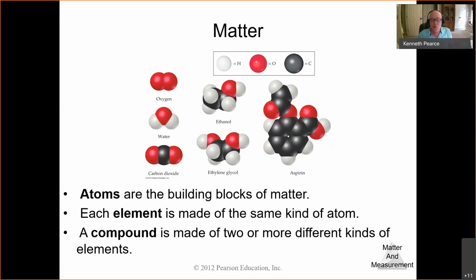Now, where do we find elements? All the elements are on the periodic table. That's where we find them. Now, there's only 91 naturally occurring elements. And out of that, not a whole lot of them are terribly important for us at the time. Okay, and when we take two or more elements and put them together, we end up with a compound.